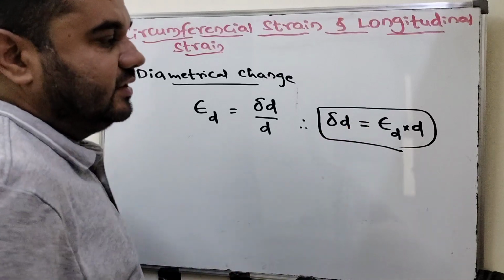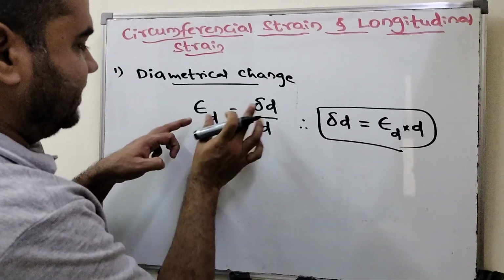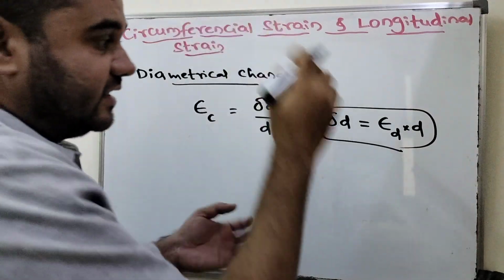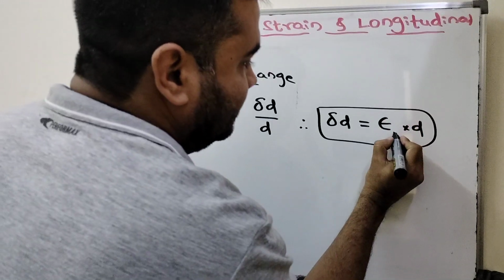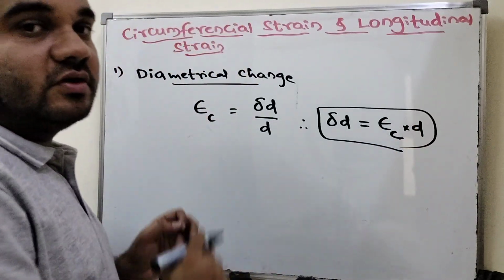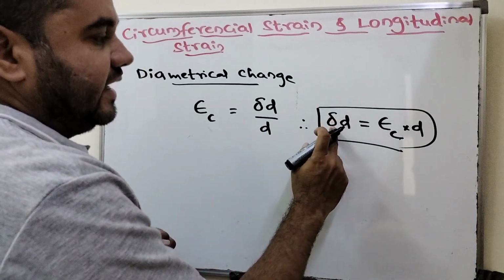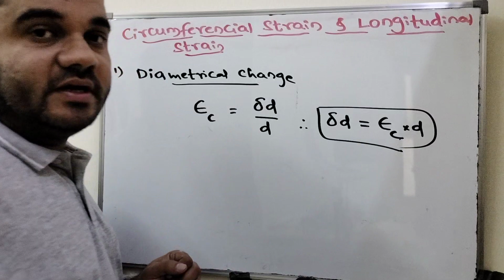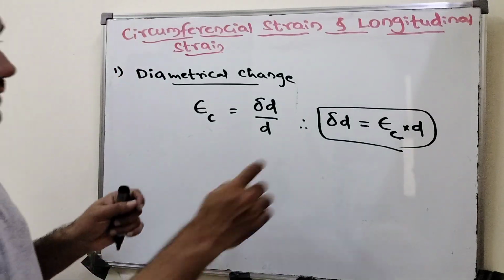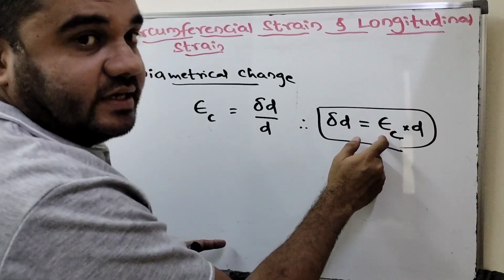Now I'll change the suffix here, because it is along the circumference, so this is the circumferential strain. One more is the longitudinal strain. So the change in diameter is circumferential strain times diameter. Now how will we derive this circumferential strain?